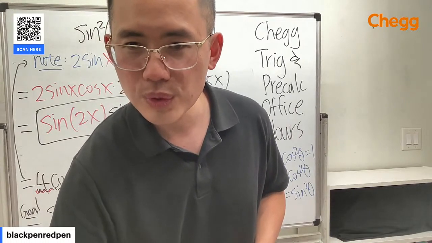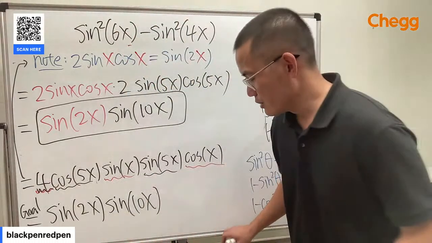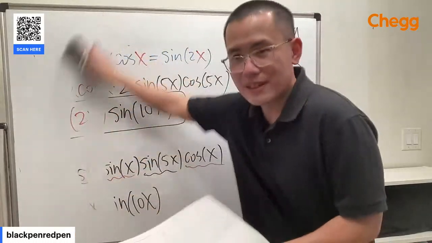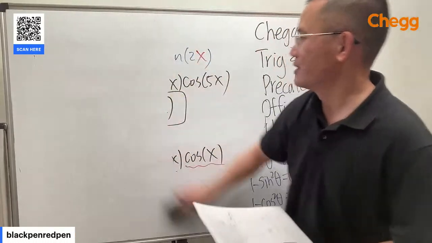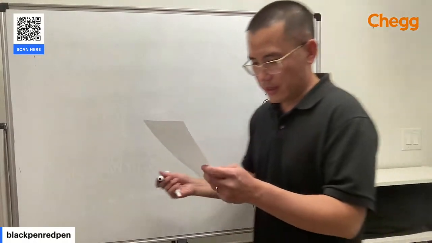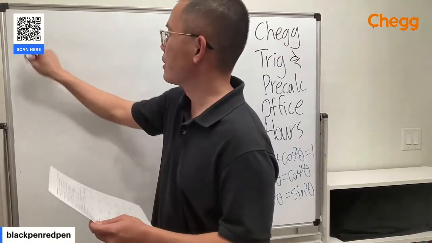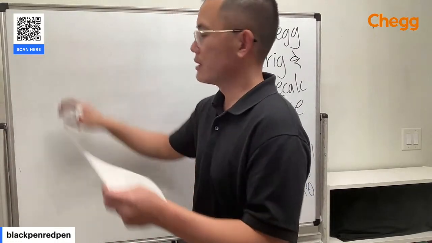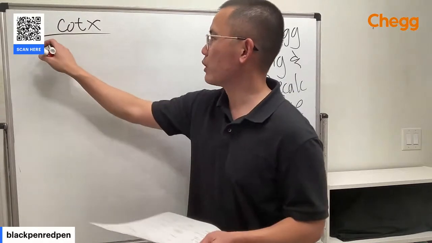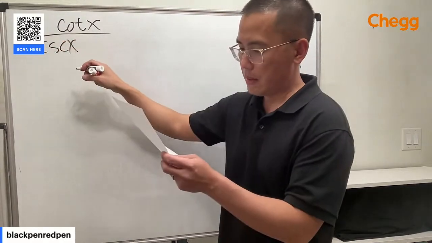Perhaps I'll give you guys one question to try out, just to do this real quick. Because I do have some questions prepared for you guys. So let's try number 2. If we have cotangent x over cosecant x minus sine x.